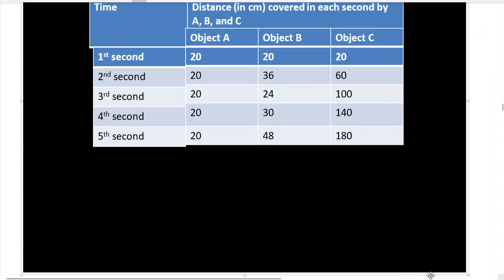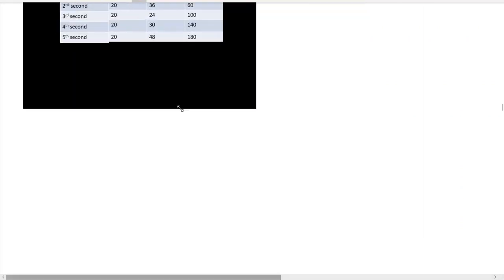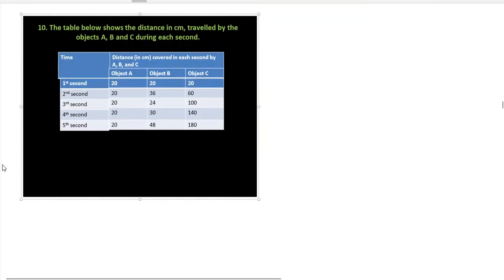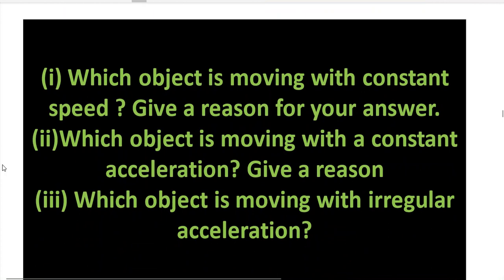Okay, what is this? The table below shows the distances in centimeter traveled by objects A, B, and C during each second. Which object is moving with constant speed?